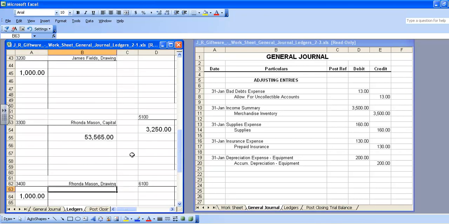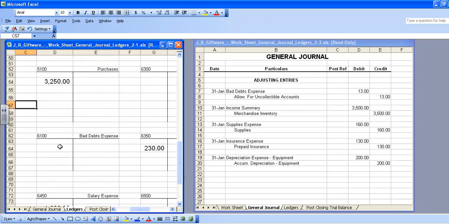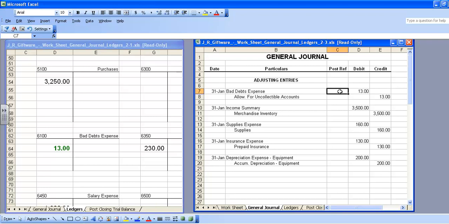The first one that we're looking for is bad debts expense. Once I've found it, account number 6100, I see that bad debts expense is a debit, remembering that the left-hand side of a T account is the debit. I'm going to put $13. Then in the post reference column, I'm going to put 6100 because that's where I posted it to.